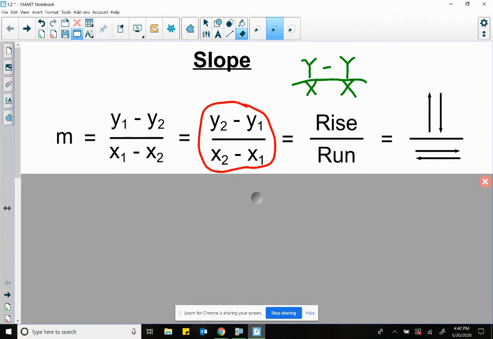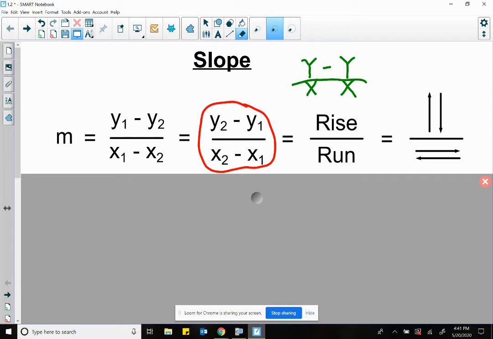So someone says martini glasses on a table. That's how they remember that it's always y over x, because that's one of the big problems that we run into with slope. Every semester I do this, someone's going to put the x values being subtracted on top and the y values on the bottom. Even though we know that it's rise over run, and that rise means it should be the y values over the x values.